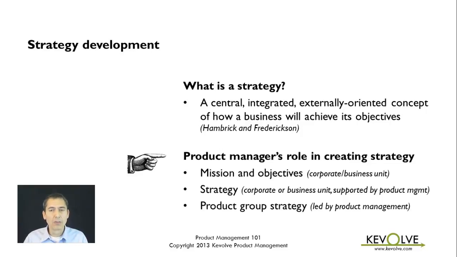And then there's a product group strategy, and this is typically led by product management. Now you could also think there might be a product strategy as well, and sometimes there are questions about, as a product manager, where do I develop a strategy? Let's go back to our other example of Steelcase office chairs that we talked about earlier. They came out with the Gesture chair.